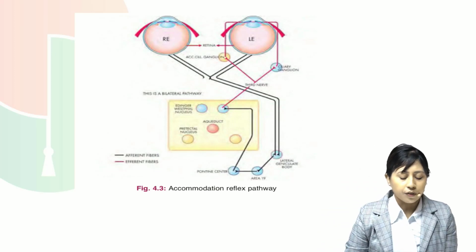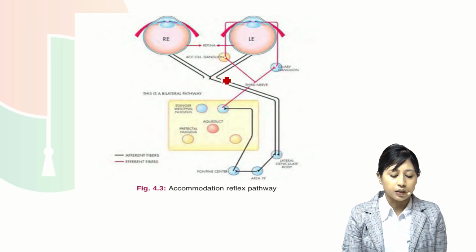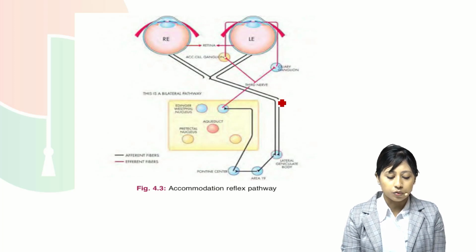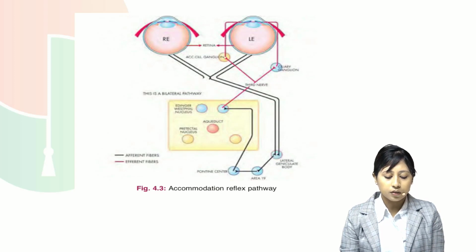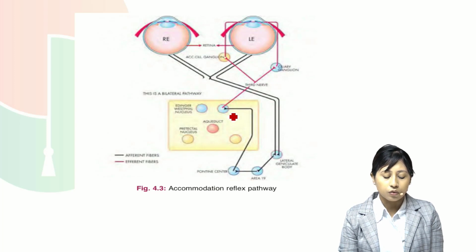So the afferent nerves: optic nerve, optic chiasma, optic tract, then it goes to the optic radiation, and from the optic radiation it goes to the lateral geniculate body, and from the lateral geniculate body it goes to area number 19 where it relays its fibers, then it goes to the pontine center and to the Edinger-Westphal nucleus. From here it goes to both sides of the Edinger-Westphal nucleus.